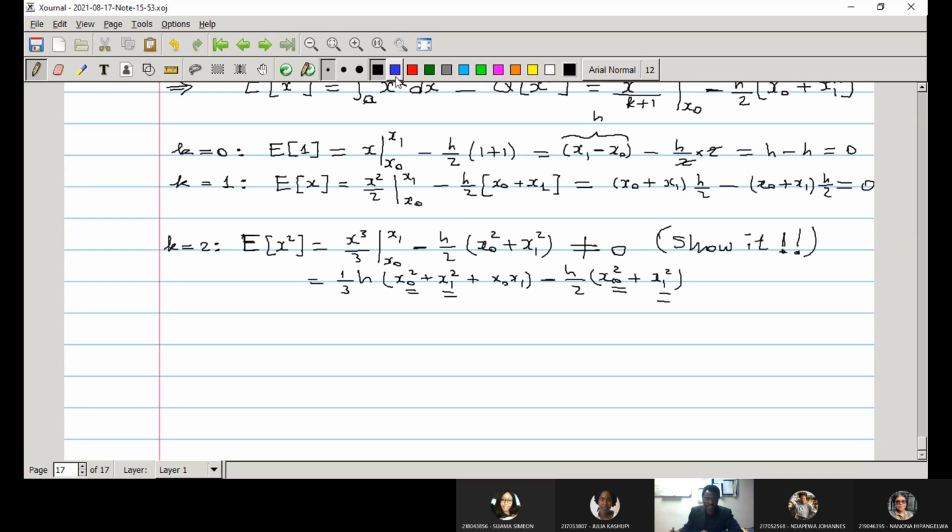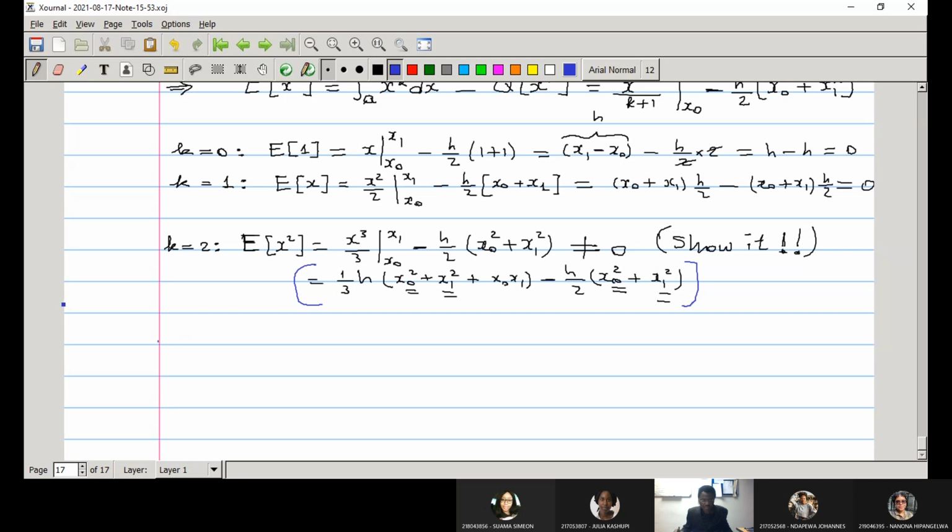Okay, so this is like the expansion that you'll be performing. Now, you use this expression, group the terms, and show that it will never be 0. x0 and x1 are two distinct terms, so they cannot be equal, right? Because you are moving from one point to the next point, so they are different.